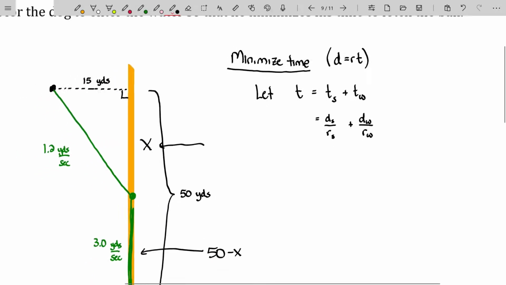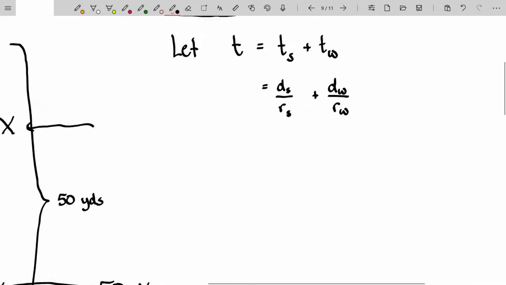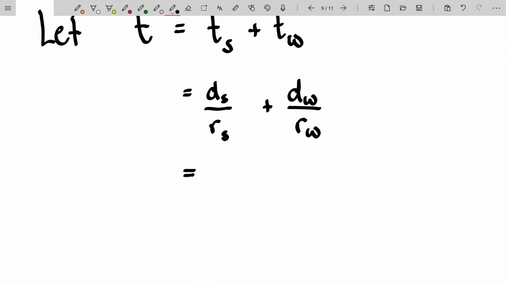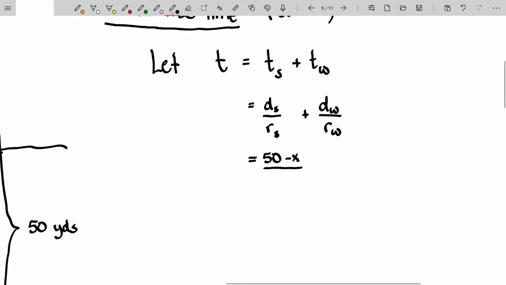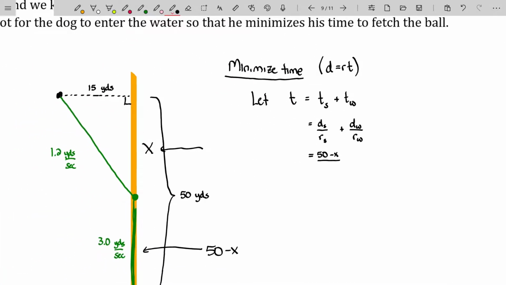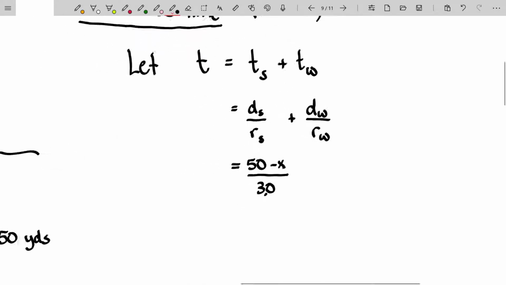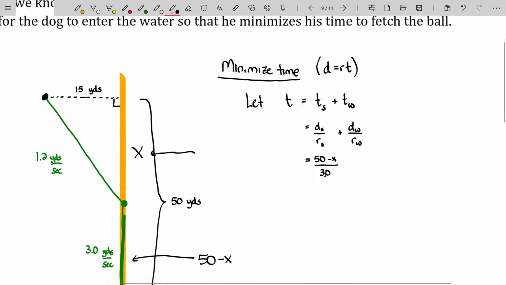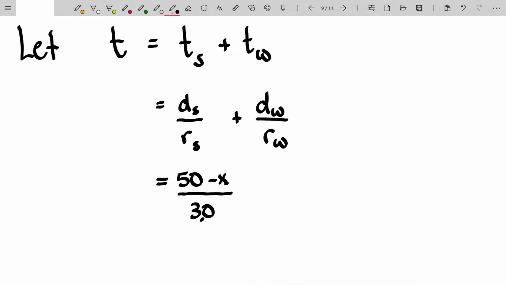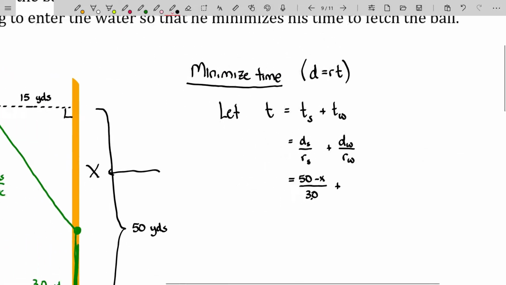So let's see. The distance along the shoreline is 50 minus x. And the speed along the shoreline is 3.0 yards per second. I'm sorry, it's not 30, it's 3.0. I just didn't see the period there. Plus the distance in the water.